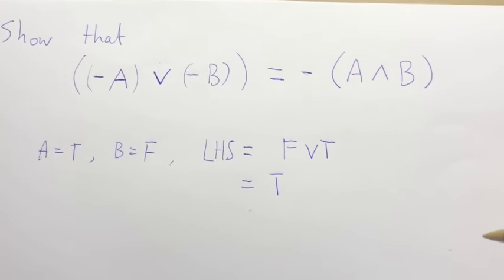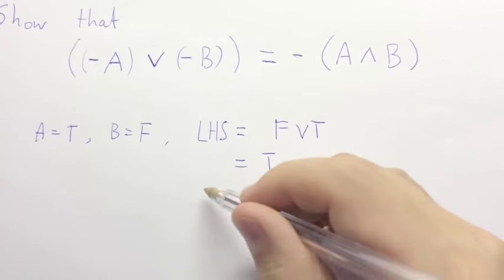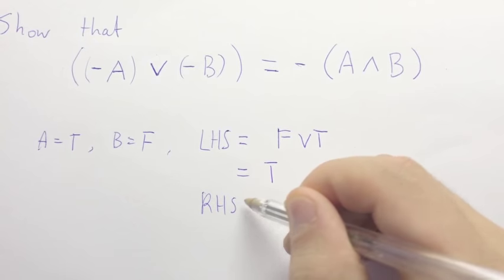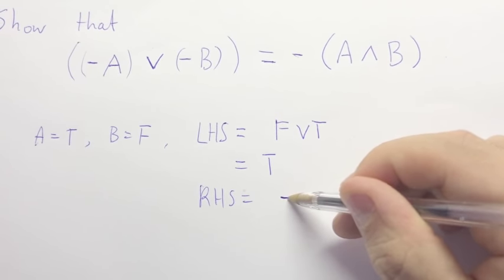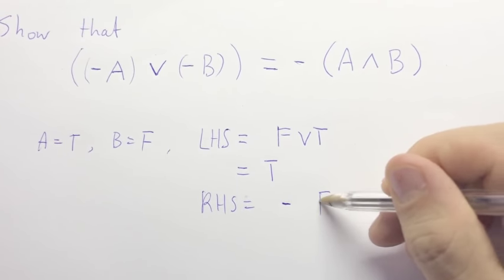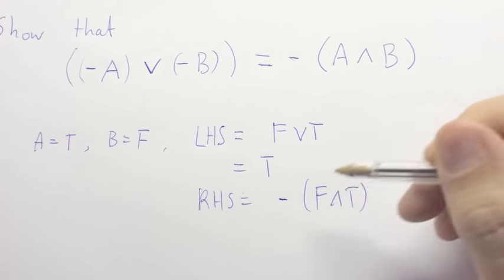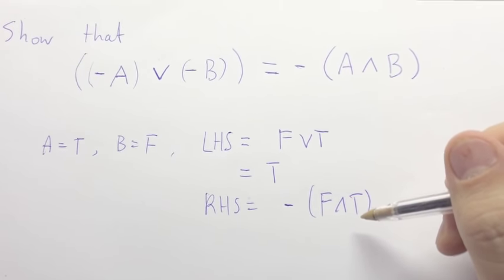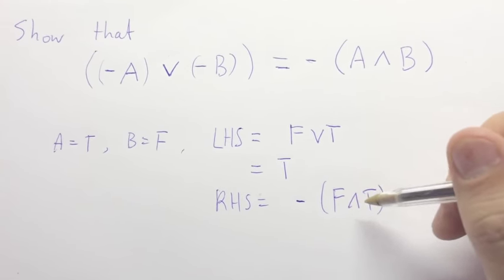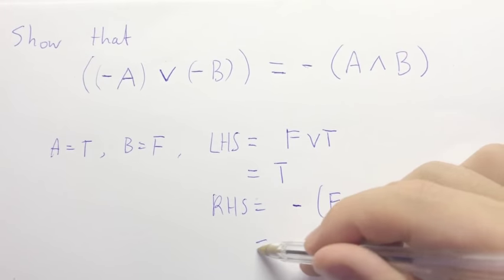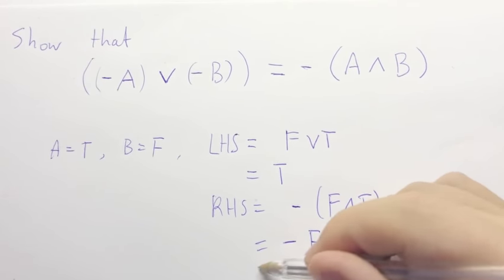And then the right hand side is equal to the negation of false and true. But false and true is false. You need both things to be true for and to be true. So this is the negation of false, and the negation of false is true.